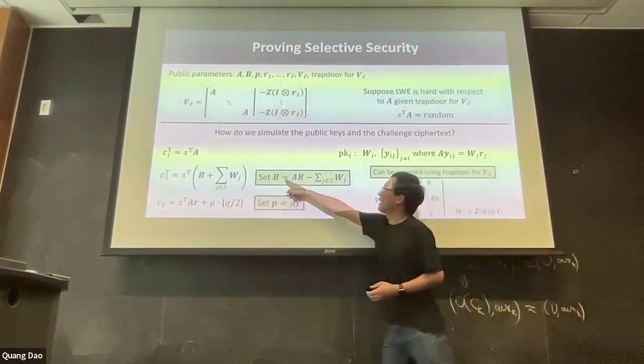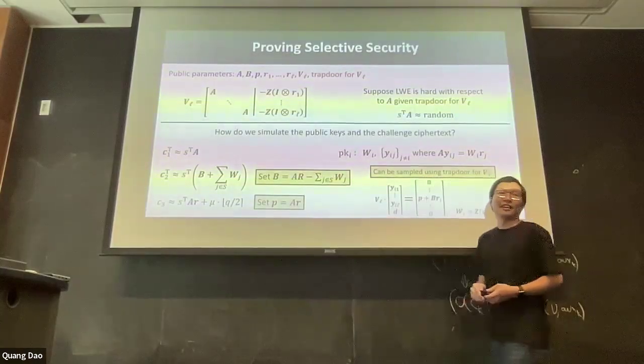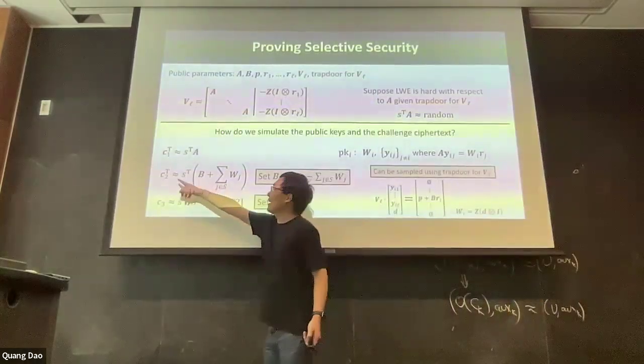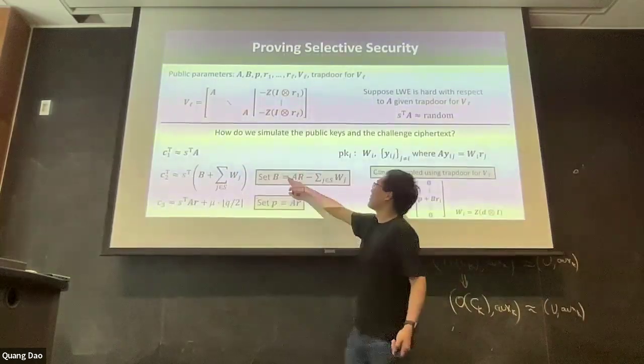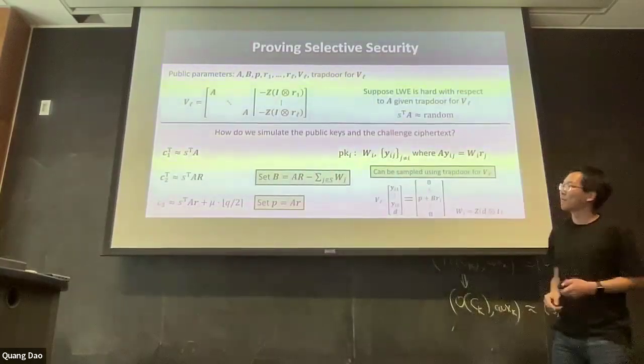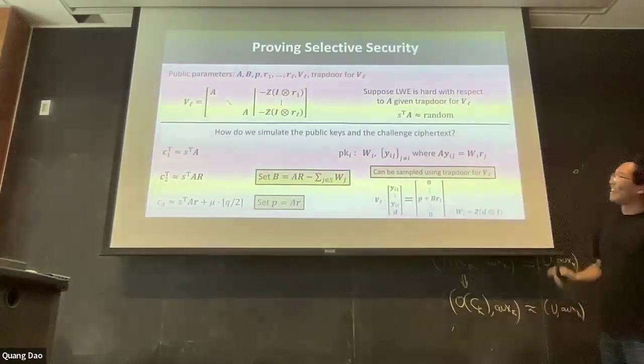I'm going to program B to be A times R minus the sum of the public keys for the users that appear in the set. Suppose I do that. Then the second ciphertext component will just be S times A times R, which we can now simulate from the challenge. And now notice that everything can be simulated directly from the challenge.